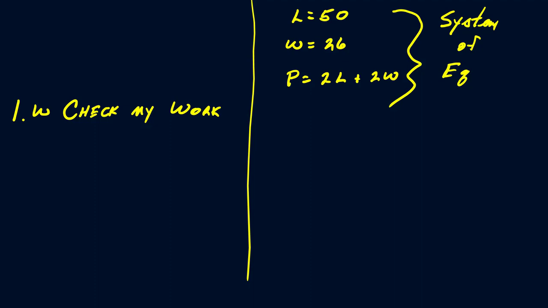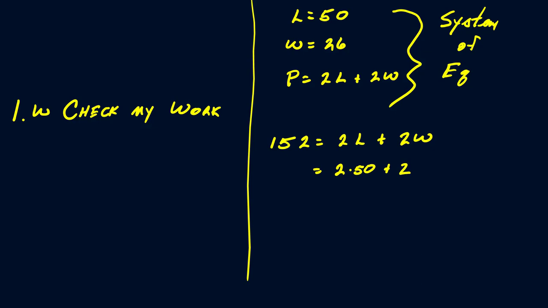So I know from the given problem statement that the perimeter equals 152. That's going to be 2L add 2W. Now I'll substitute the values for L and W into this equation. That equals 2 times 50.